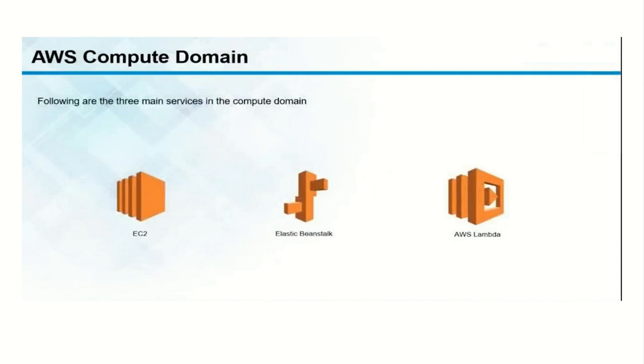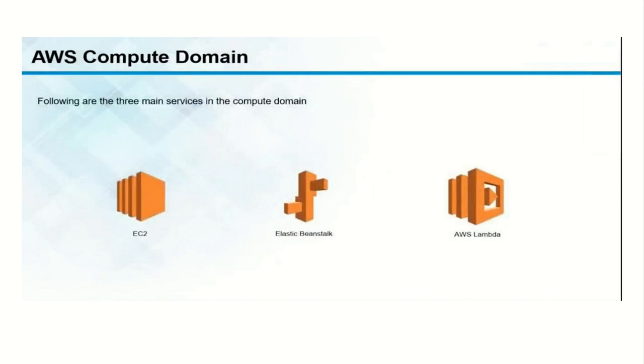AWS Lambda, like I told you, is an automated version of EC2 just like Elastic Beanstalk, but with AWS Lambda we can only execute background tasks, right? We cannot deploy an application. AWS Lambda is not used to deploy an application. It is used to execute background tasks.